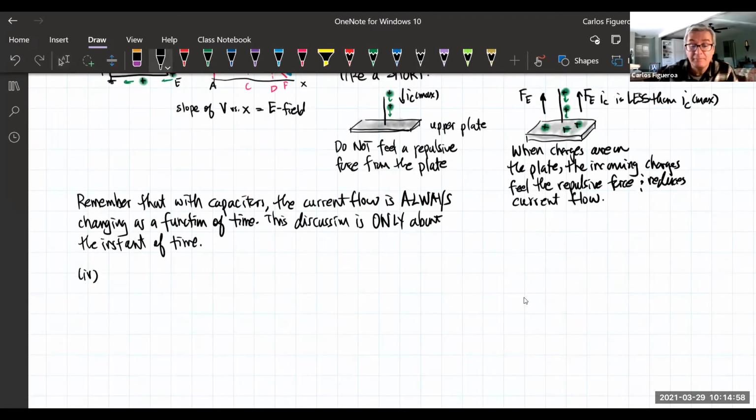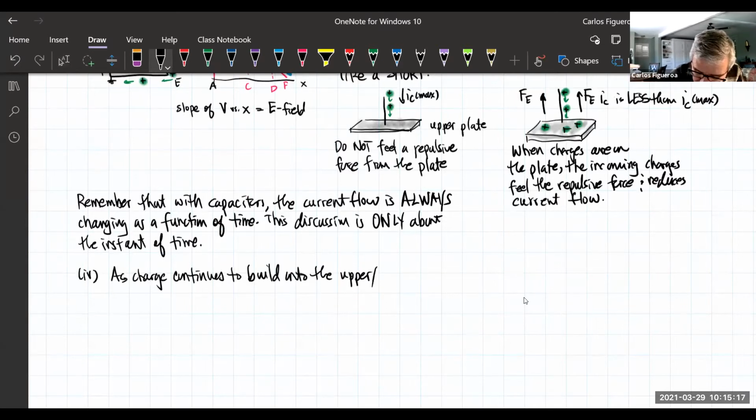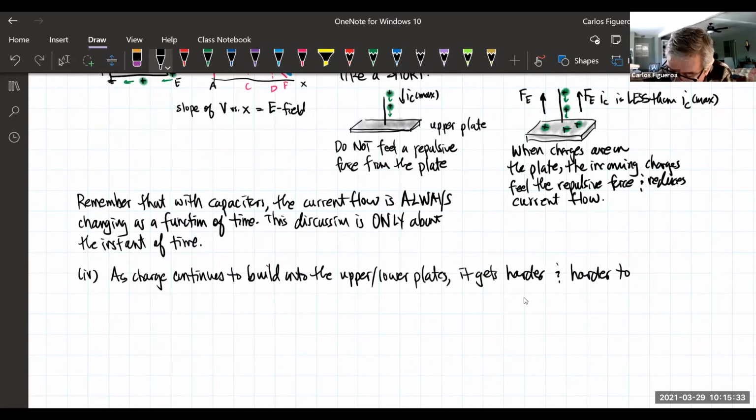So when I look at my fourth piece here, as charge continues to build onto the, let's say, upper and lower plates, it gets harder and harder to place charge onto the plates.